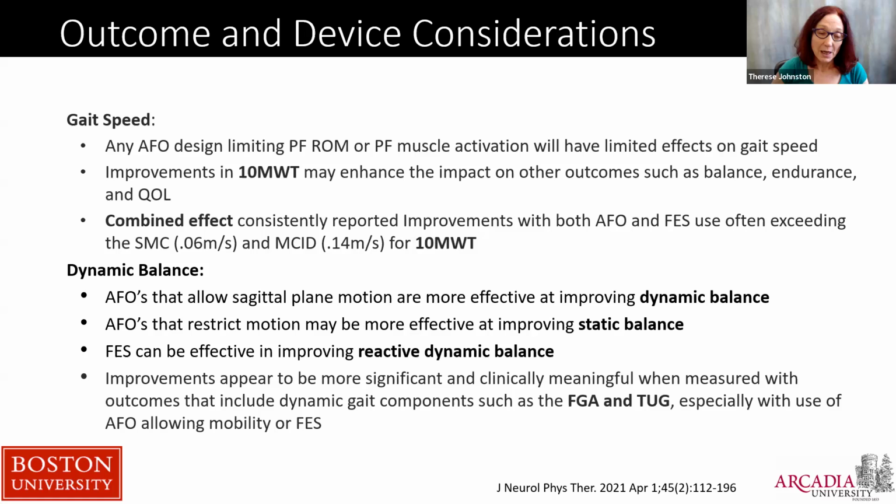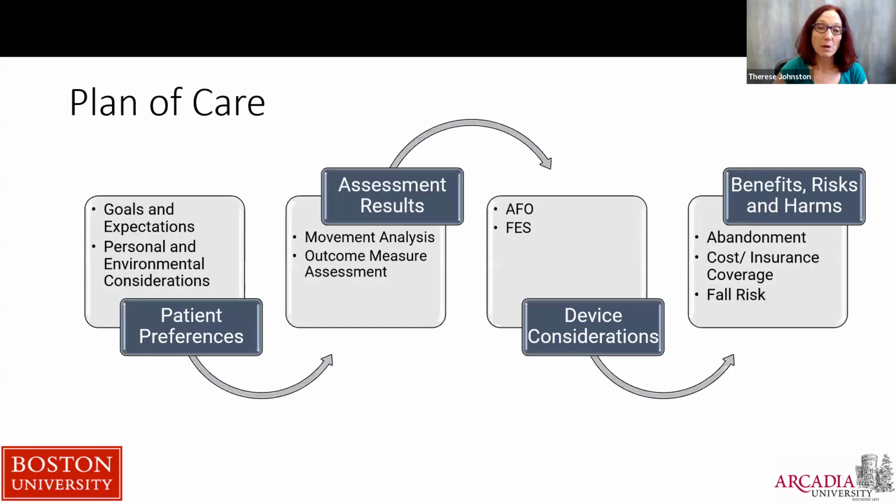FES has been shown to potentially be more effective in improving that reactive dynamic balance. And I mentioned earlier that we need to choose the outcome measures that best match what the patient goals are. Here, this patient's interest was in dynamic gait. So outcome measures such as the FGA and the TUG may be better choices for this person.